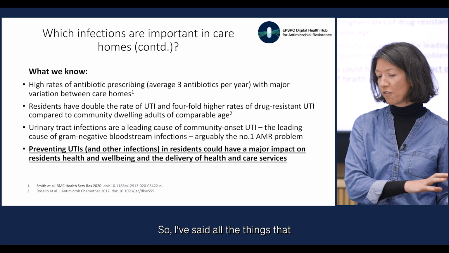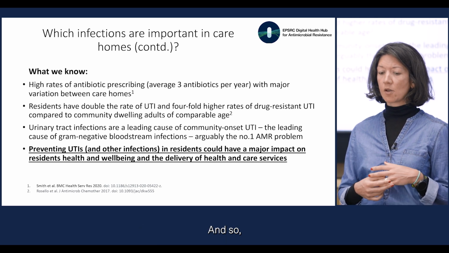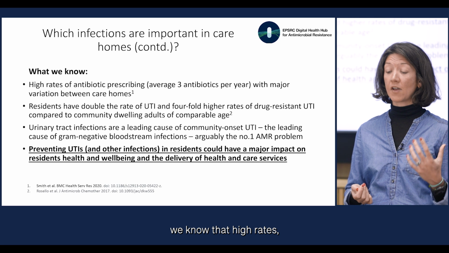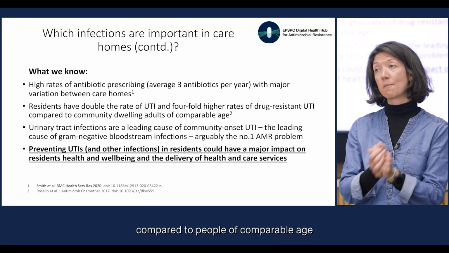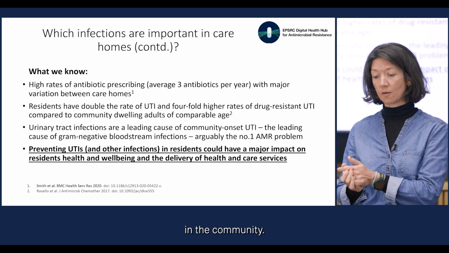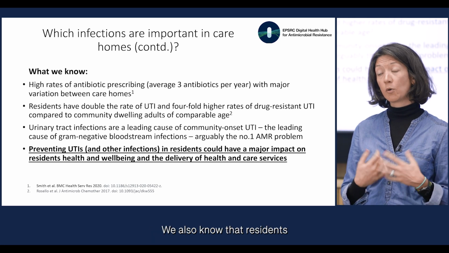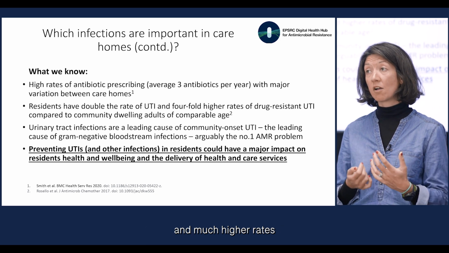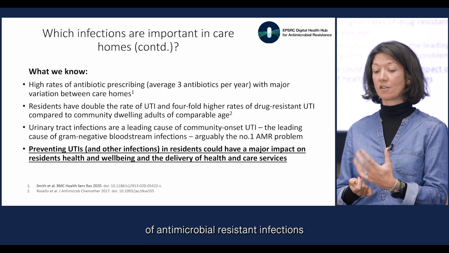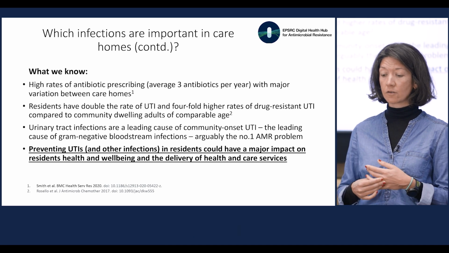So I've said all the things that we don't know, so then on to, what do we know? We know that there are very high rates of antibiotic prescribing in care homes compared to people of comparable age in the community, so lots of exposure to antibiotics. We also know that residents have much higher rates of infection and of antimicrobial resistant infections compared to people in the community of similar age.